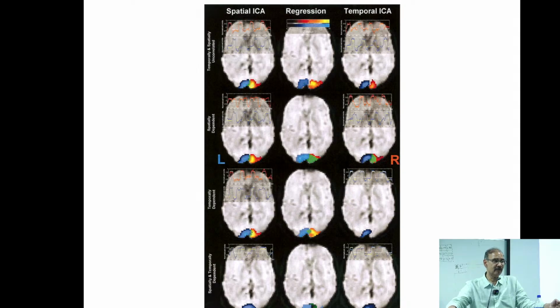But what would happen if, let's say we scanned everyone's brain 818 times, and then you added them up? What would you get? What would happen?